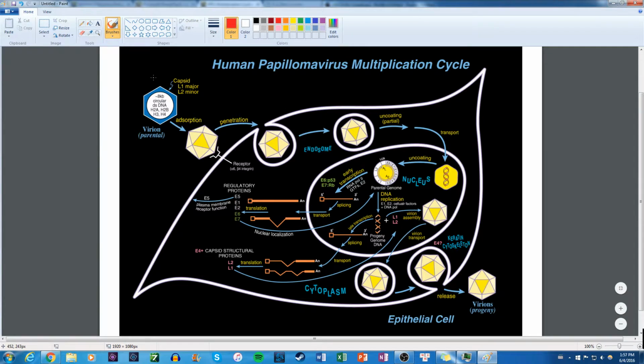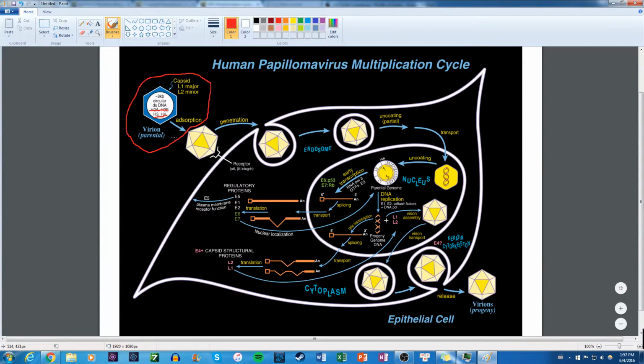Here again you have HPV as a double-stranded DNA virus, which means that it will need to wrap its DNA around histones, and these histones are the exact same histones that we would have in our cells: H2A, H2B, H3, H4. Now it's a bit bigger than polyomavirus, which is usually around 5,000.